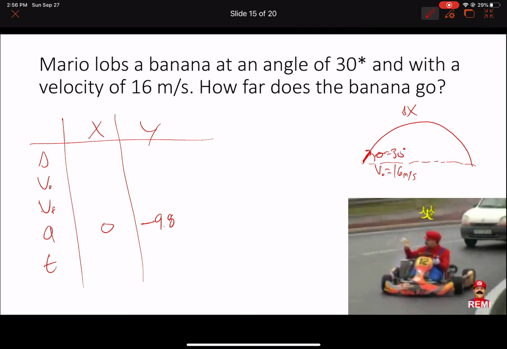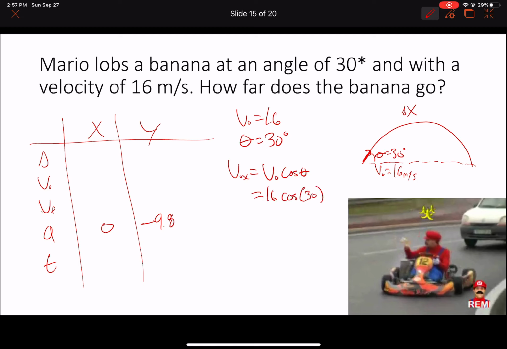Okay, what else do we know? We know our v naught is 16 and our angle is 30 degrees. That is not anything on this chart, because this v naught is in both directions. It's in the X and it's in the Y. And so we can't fill it in here just yet. However, we can find v naught in the X direction by doing v naught cosine theta, which is 16 cosine 30.